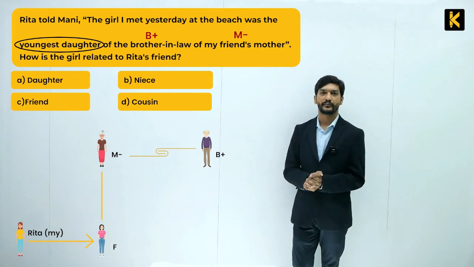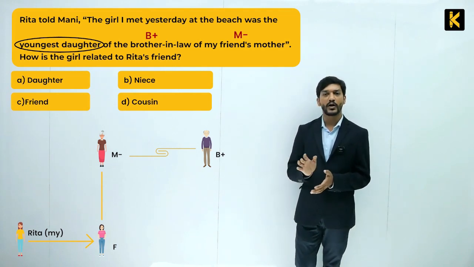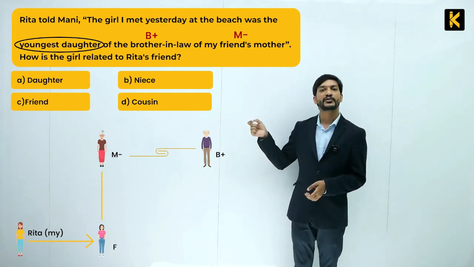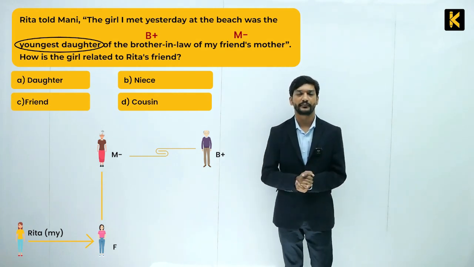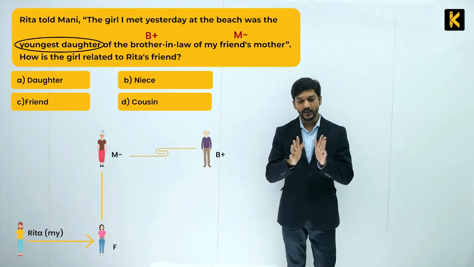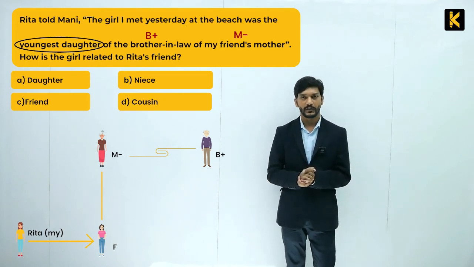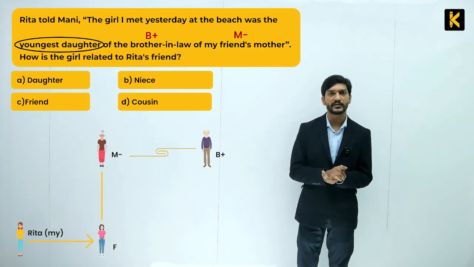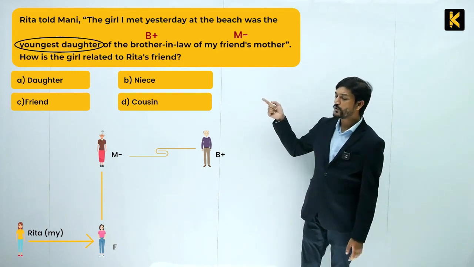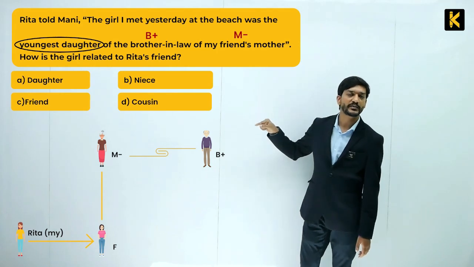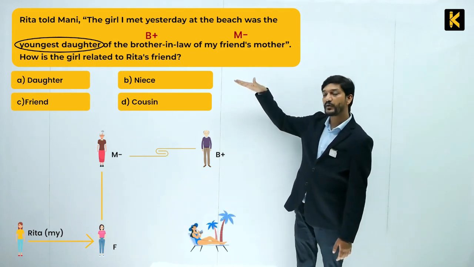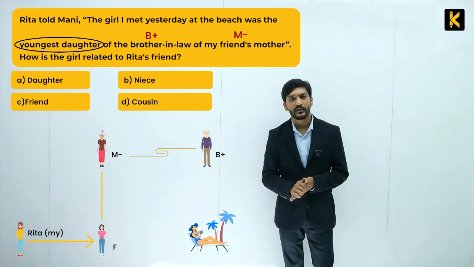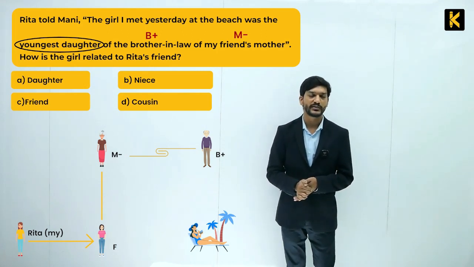Youngest daughter. So youngest is not our concern actually. So let me just mention the daughter, and we'll think that that person is the youngest only. So youngest daughter of the brother-in-law. Brother-in-law means B plus. So I have to show youngest daughter of B plus. So daughter will be one generation below, and daughter is a female, and daughter is having a direct relation.